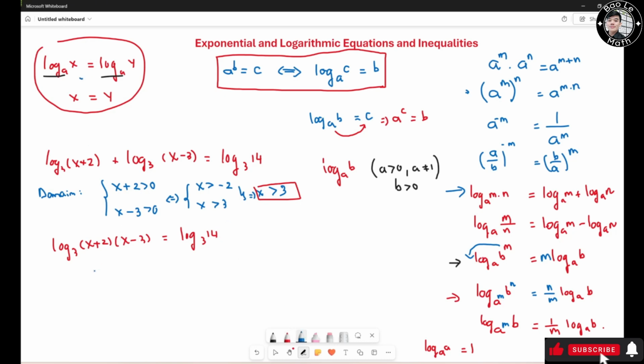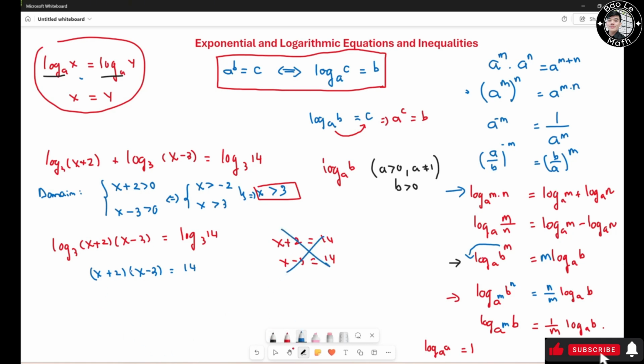I just equate (s plus 2) times (s minus 3) equals 14. Now you need to expand this one and then turn it into a quadratic equation. Now the common mistake students make: they do it like this, s plus 2 equals 14 and s minus 3 equals 14. This is wrong. This is not the zero product, so you're not going to apply this formula.